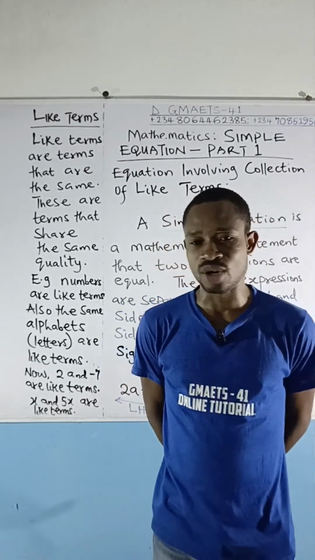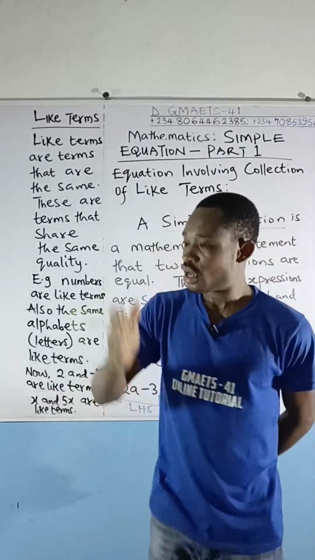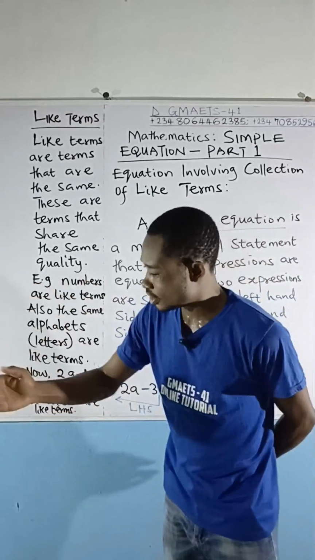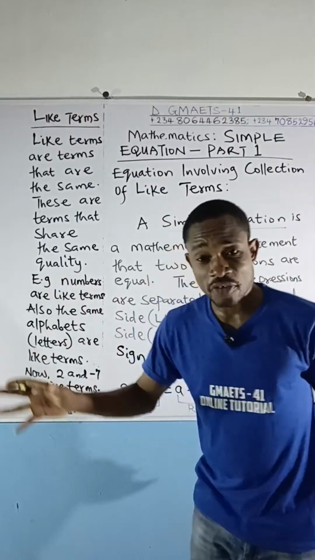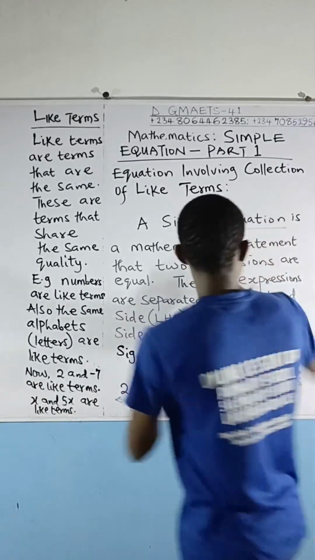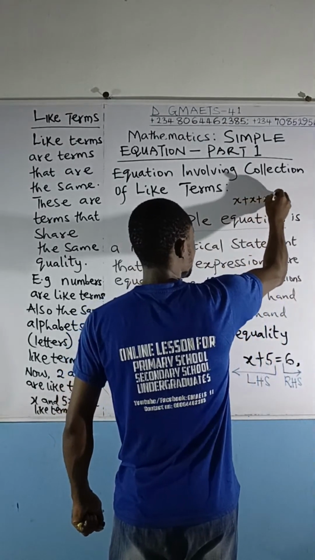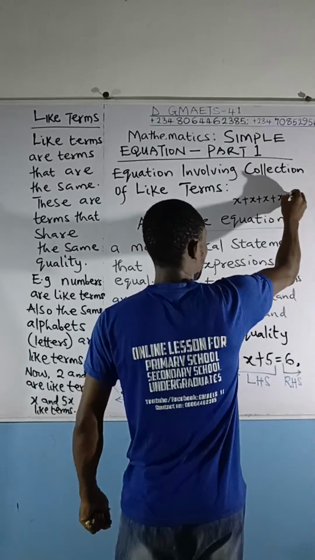This thing means you have x, x, x, x, x, 5 of them, and they are being added. X plus x plus x plus x plus x.